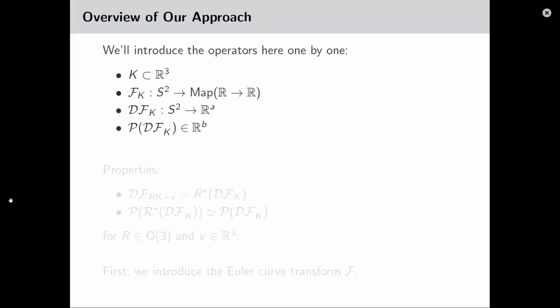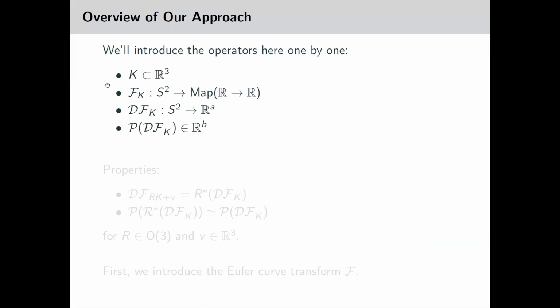Right, now let me introduce the proposed approach in my recent research. Here is a simplified procedure for the proposed approach, which will be further explained in the following slides. First, let's say we have a simplicial complex K in R3, and then we are going to use an operator F, defined on S2, where the output is again a function.